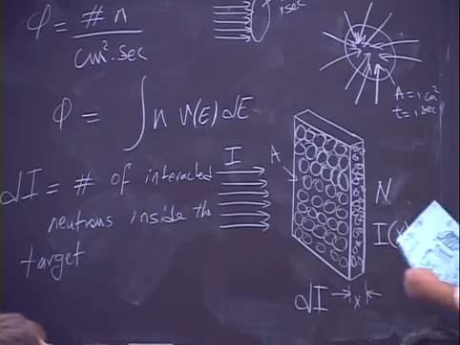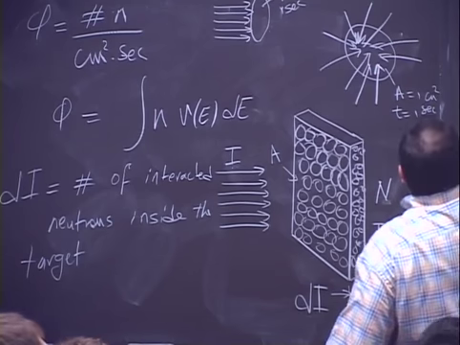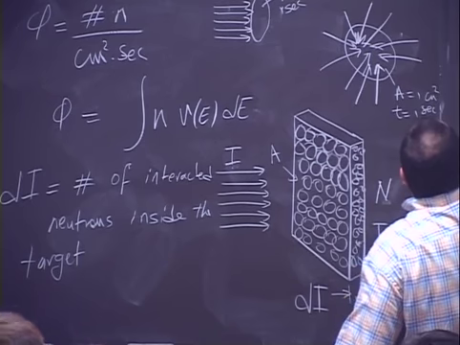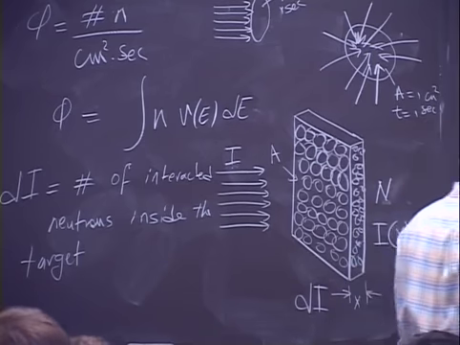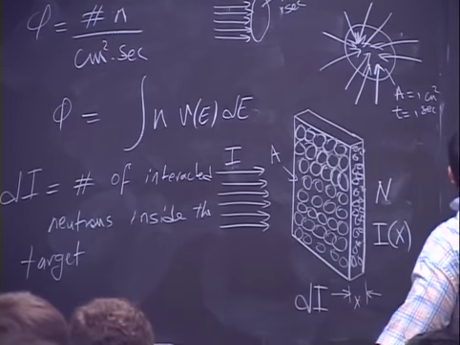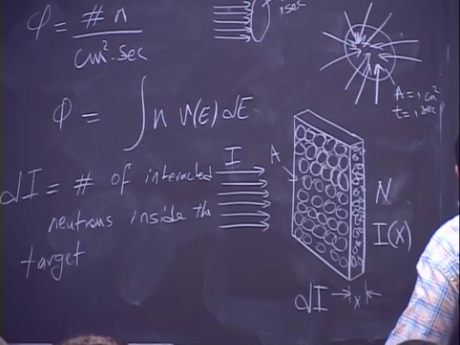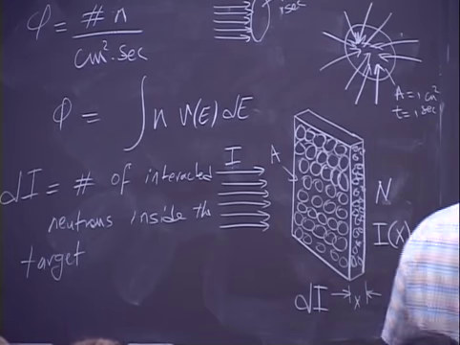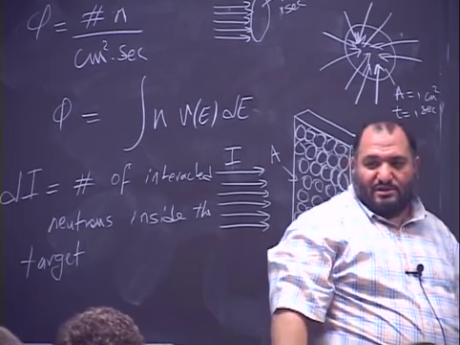We will notice that the total number of interacted neutrons inside the target will be proportional to the total number of nuclei per centimeter cube inside the target.